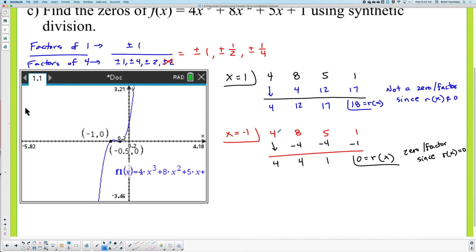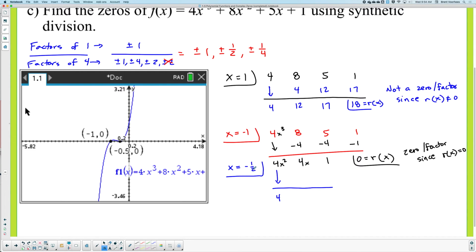Okay, so this was x cubed. What is it now? And that would be an x. Okay, let's just continue on. We know that -0.5. What is -0.5 as a fraction? Yeah, let's use that. Okay, so draw my line. I drop the 4. What's 4 times -1/2?